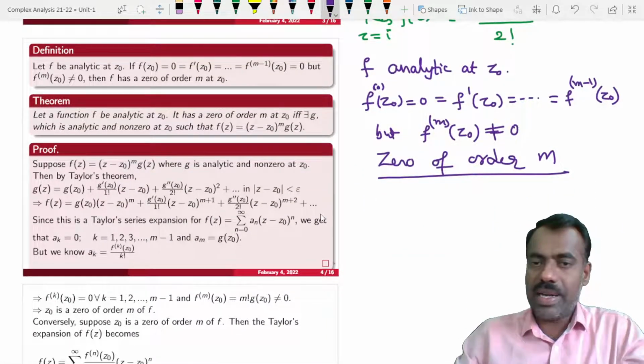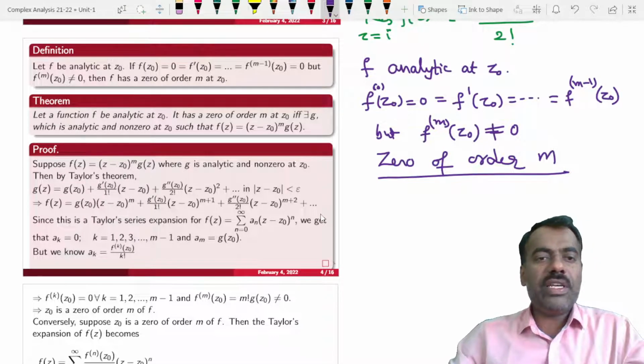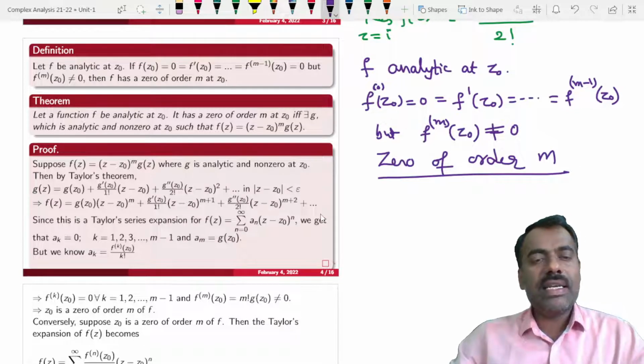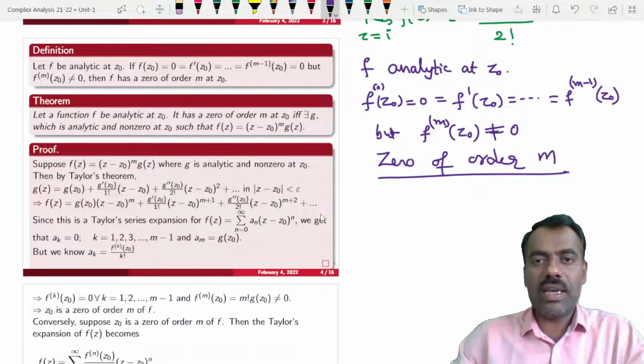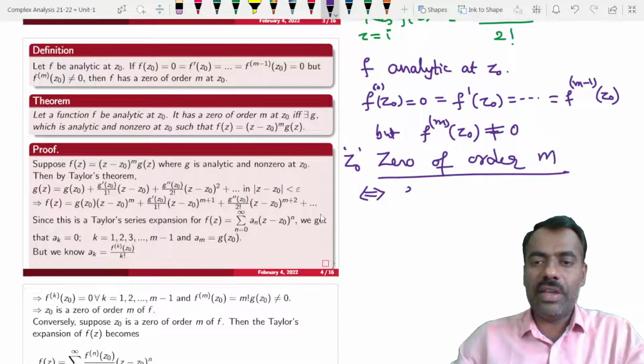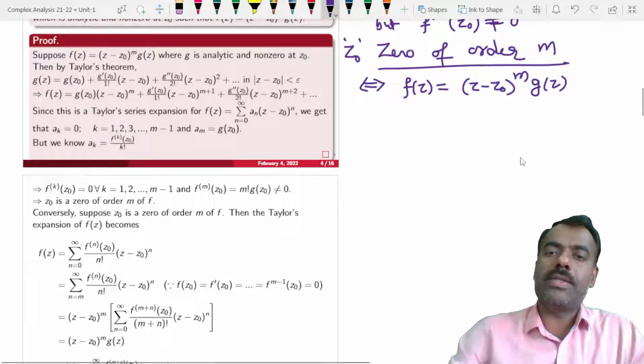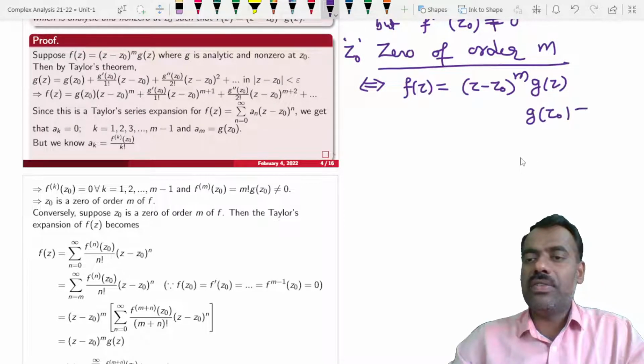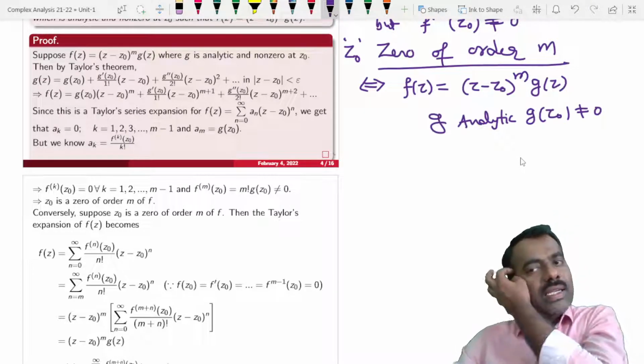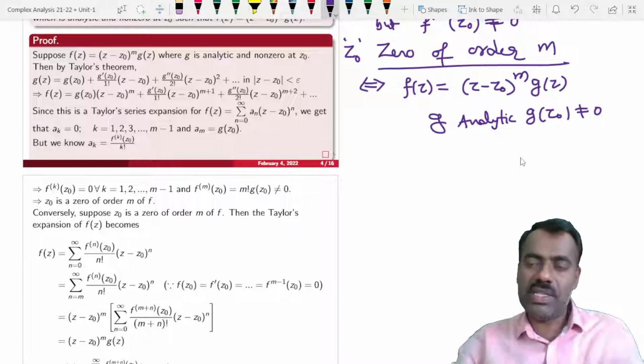Namely, if f is analytic at z naught, then z naught is a 0 of order m if and only if f of z can be factorized and written as (z minus z naught) whole power m into g of z, where g is analytic and g of z naught is non-zero. That means you cannot take out z minus z naught further here.